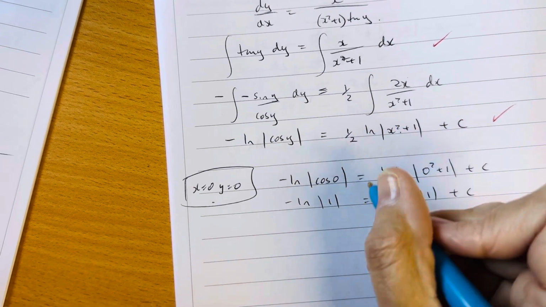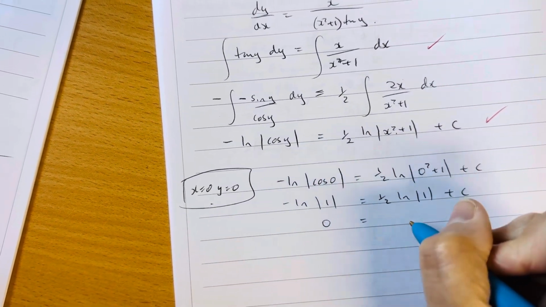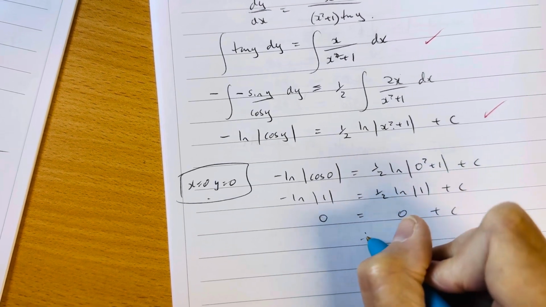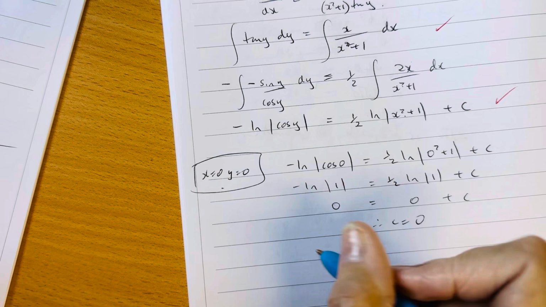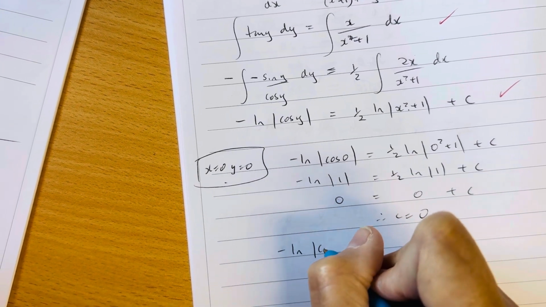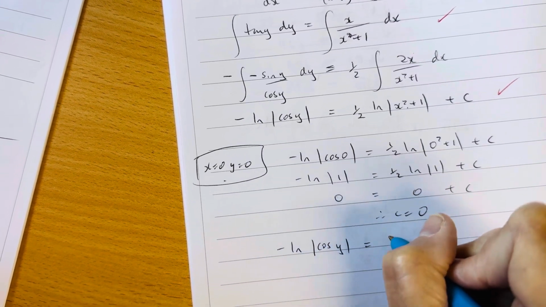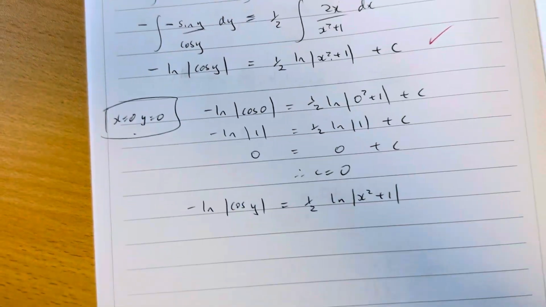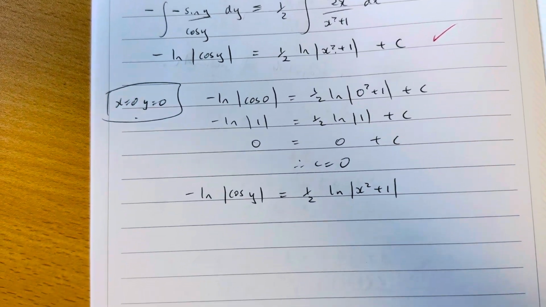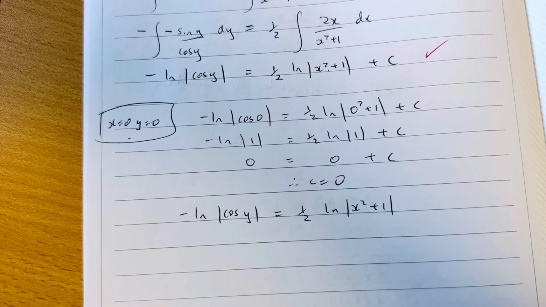Hopefully from your methods you remember ln of 1 is 0. So 0 equals 0, therefore c is 0. So negative ln cos y equals a half ln of x squared plus 1. So c was in fact 0.